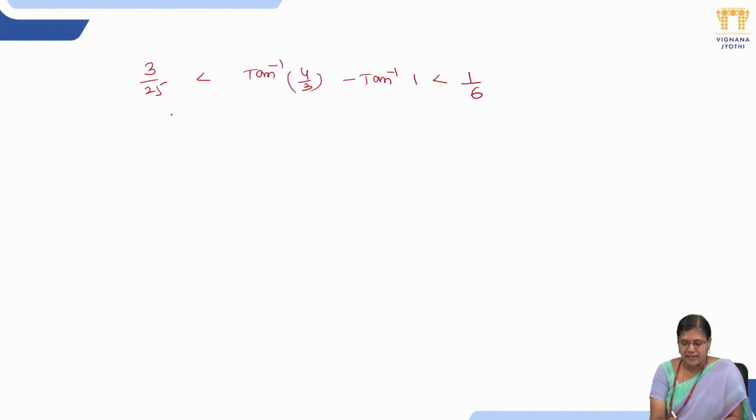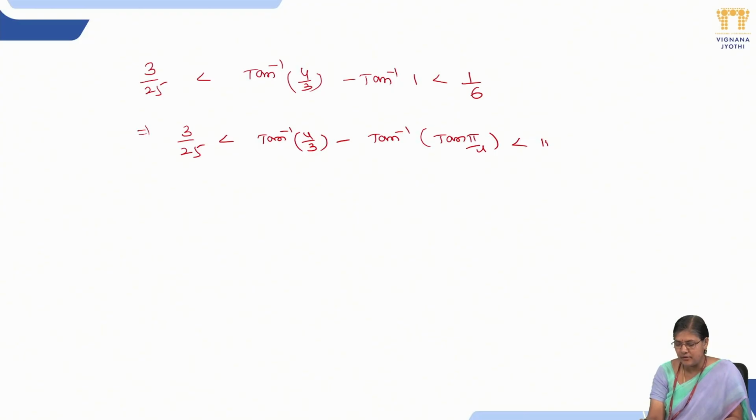We will get 3 by 25 less than tan inverse 4 by 3 minus tan inverse 1 less than 1 by 6. This 1 can be written as tan pi by 4.